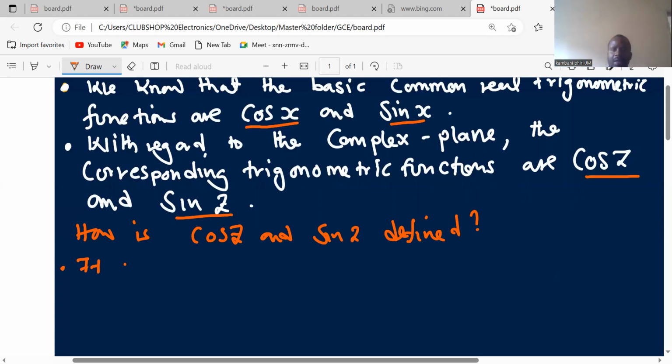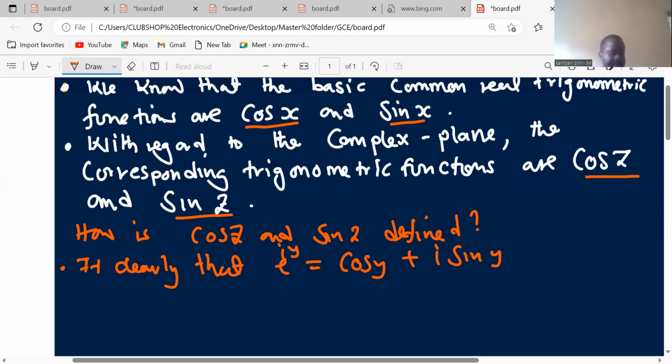It is clear, or we know that using Euler's formula, e to the power iy is the same as cos y plus i sin y.